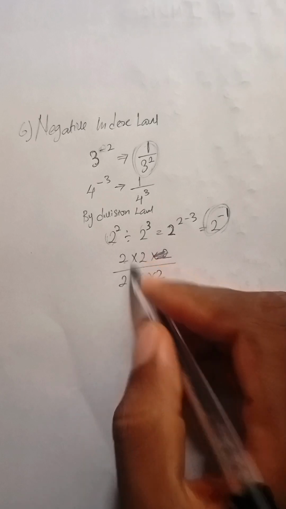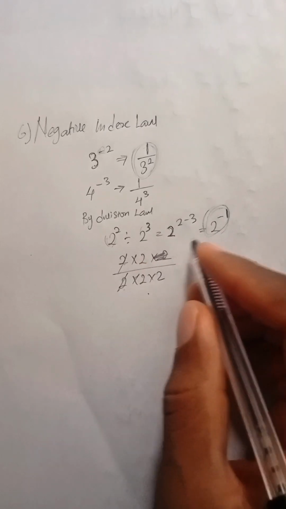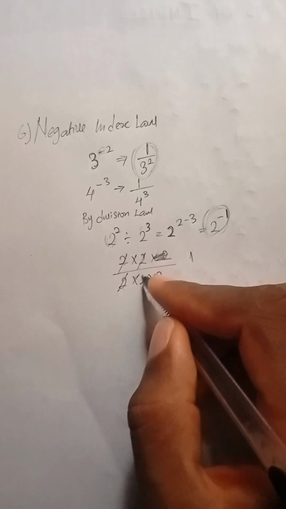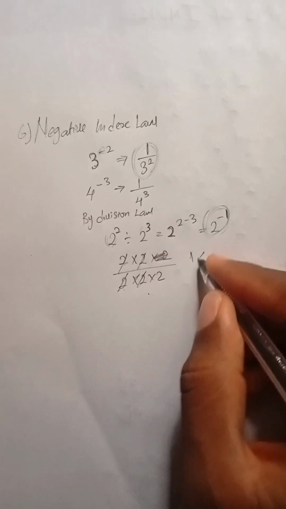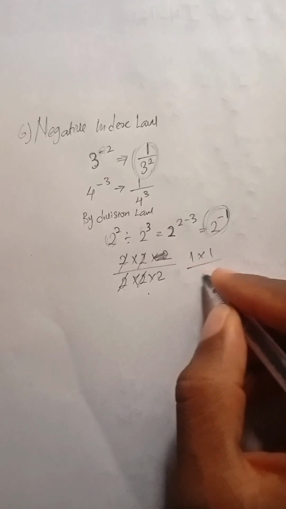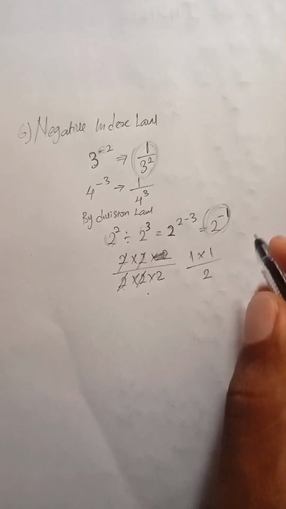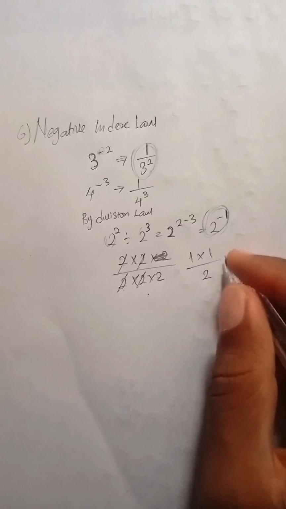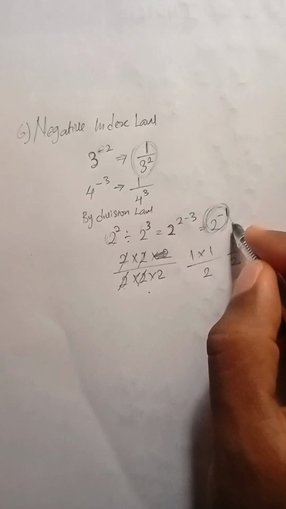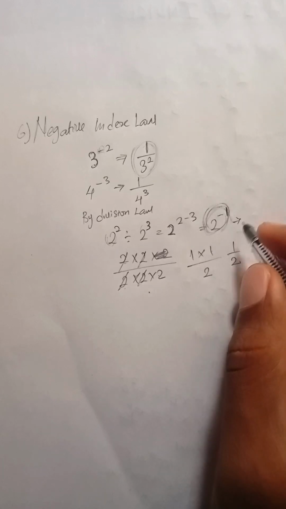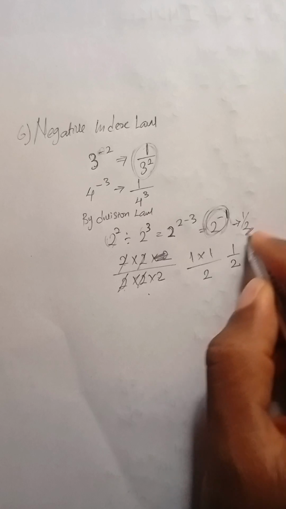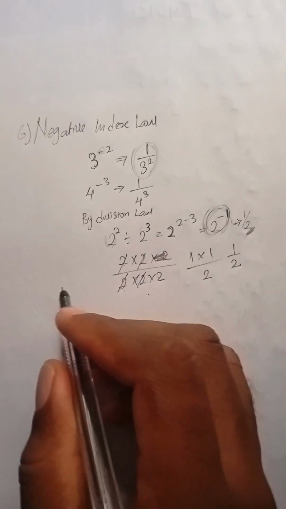So when we divide this, we have times 1, so here we'll be left with 1 divided by 2. So 1 times 1 is 1 divided by 2. So the negative index of this is also 1 over 2. So that's all for negative index.